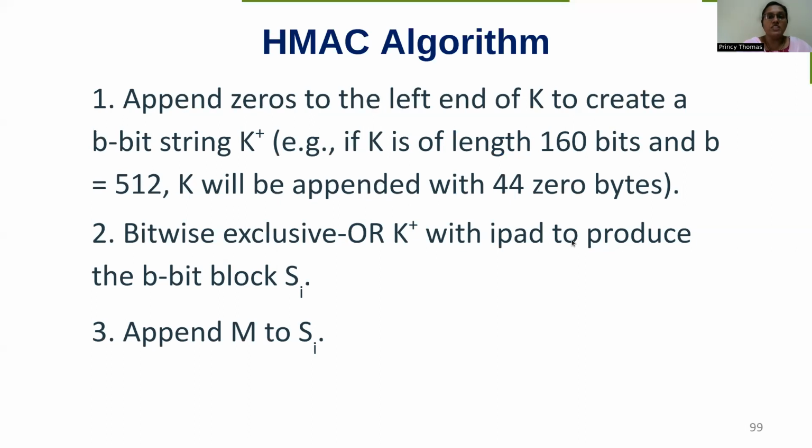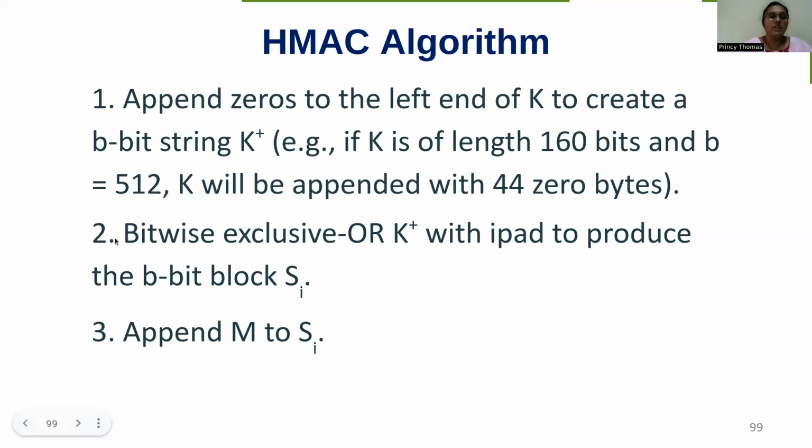Now we have seen all the bits and pieces of the algorithm. Now we're going to look at the actual algorithm. First step is to append zeros to the left end of K to create a B-bit string K plus. If K is of length 160 and B is 512, then 512 minus 160, that is 352 bits, will be added, which is 44 bytes.